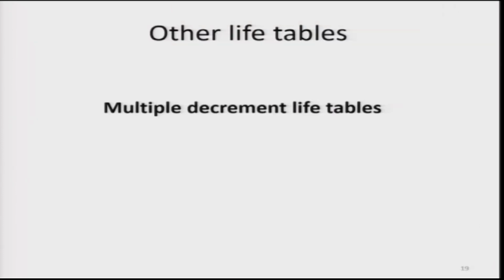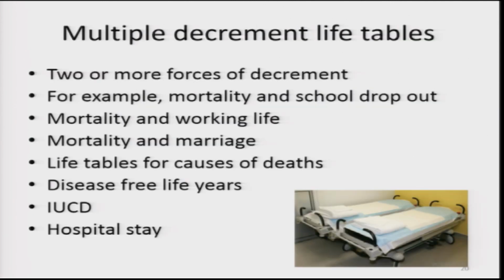Then there are other life tables, multiple decrement life tables. Multiple decrement life tables combine 2 or more forces of decrement, for example, mortality and school dropout, mortality and working life, mortality and marriage. Then life tables are also prepared for causes of deaths and disease free life years, and for intrauterine contraceptive device, like the family planning program has IUCD as one of the methods.